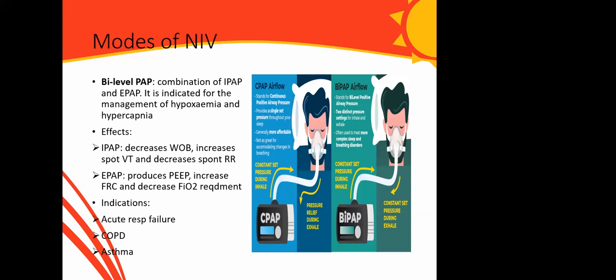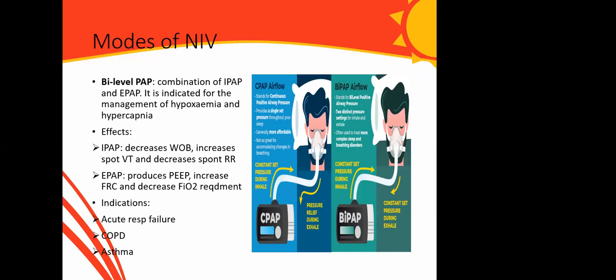Expiratory positive air pressure produces PEEP. All right, we know PEEP is positive end expiratory pressure, to keep the distal alveoli open for improved oxygenation. It increases functional residual capacity, which is the lung volume that is present at the end of a normal tidal breath. And because it increases oxygenation by opening up the distal airway, it reduces the requirement for FiO2.